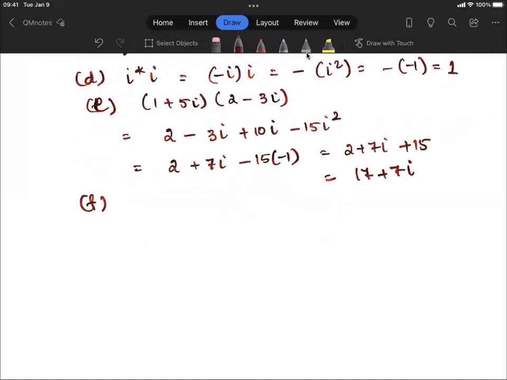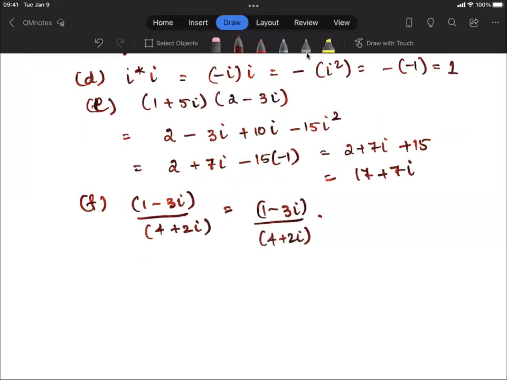Now let's work with problem F, which is 1 minus 3i divided by 4 plus 2i. So when you usually have complex numbers in the denominator, you want to simplify them. What you can do is multiply both the numerator and the denominator using the complex conjugate of the denominator.